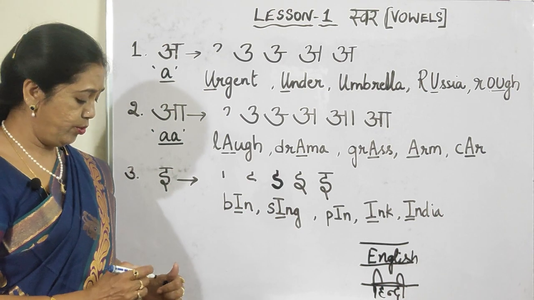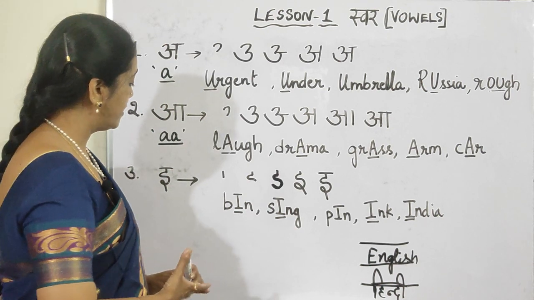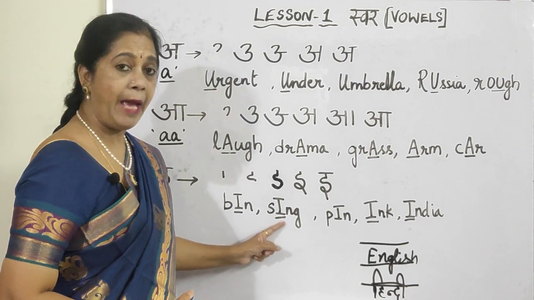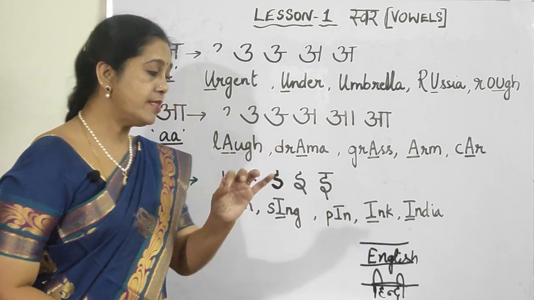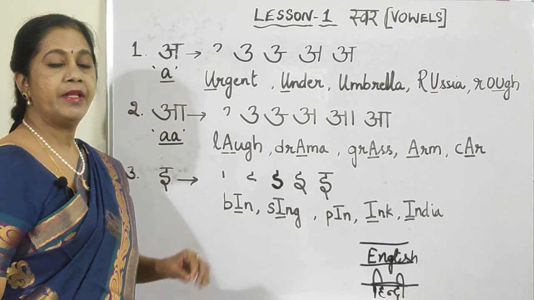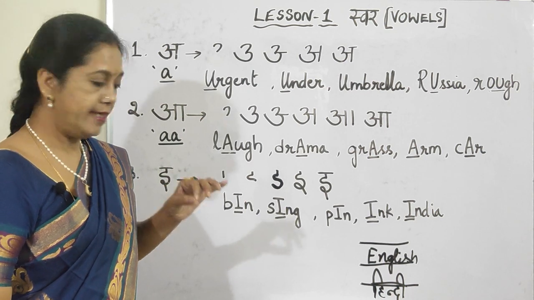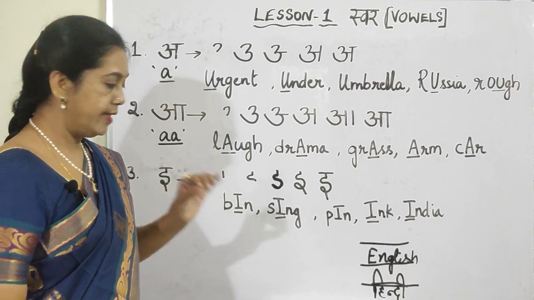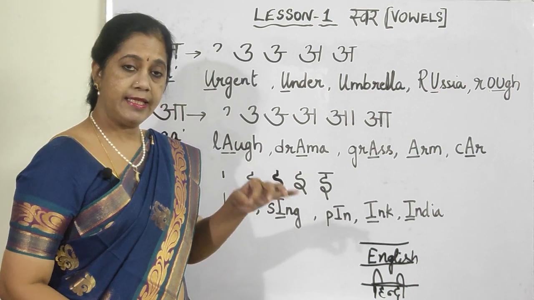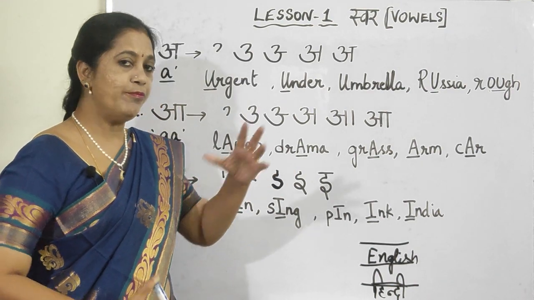Now let me tell you the pronunciation. Wherever I have given you capital I, that is the sound of this. It is bin, I. Now see here: sing. You don't put more pressure on that.